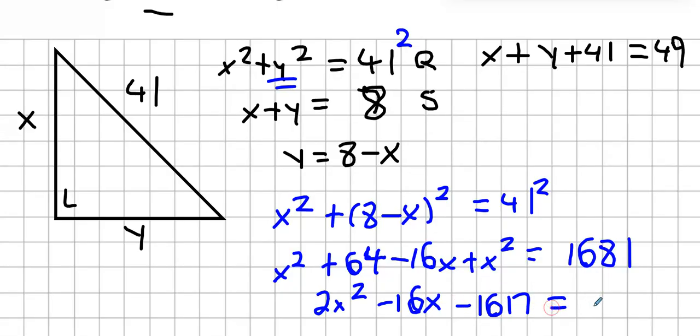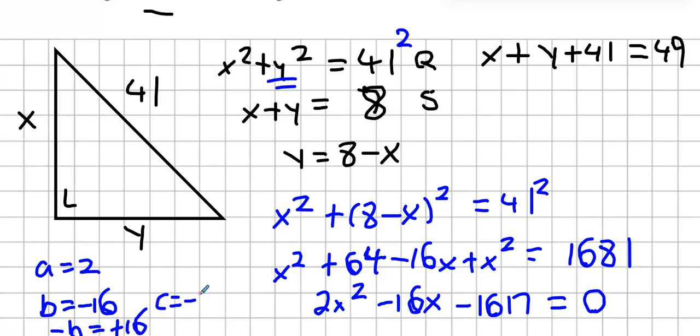And there's no way we're factorizing that, right? Let's do the minus b formula there, guys. a equals 2, b equals minus 16, minus b equals plus 16, and c equals minus 1617.